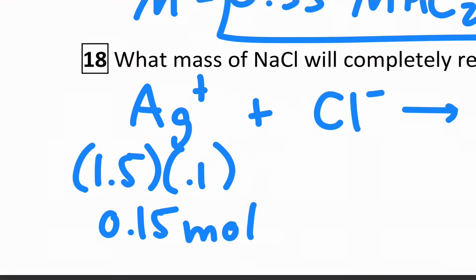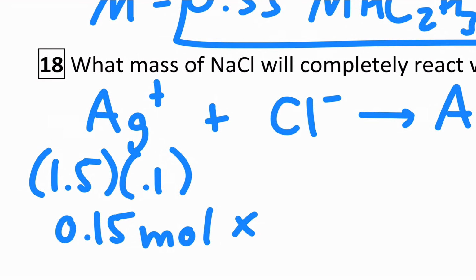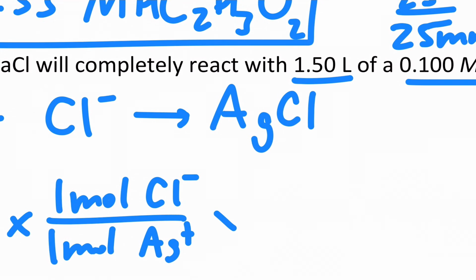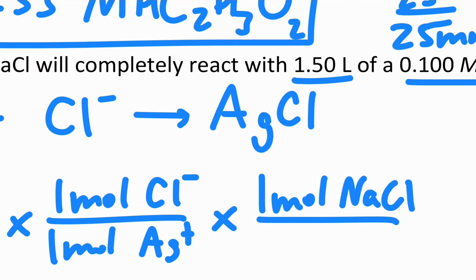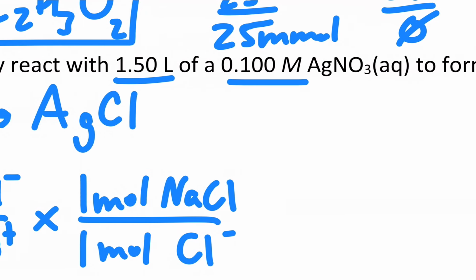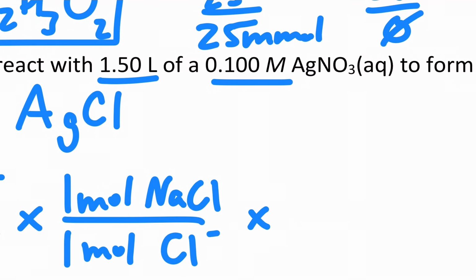So I'm actually going to write some conversions right next to this. There is 1 mole of chloride for every 1 mole of silver ion. This is a little redundant, but I'll put it anyway. There's also 1 mole of sodium chloride per 1 mole of chloride, because there's 1 chloride in the formula. They want the mass, so I need the mass of NaCl.